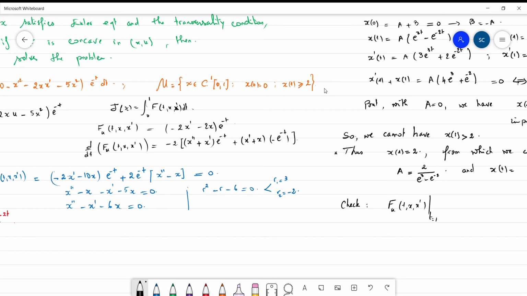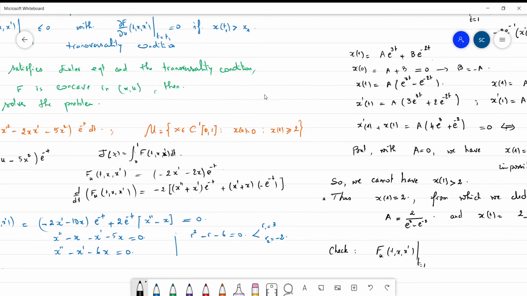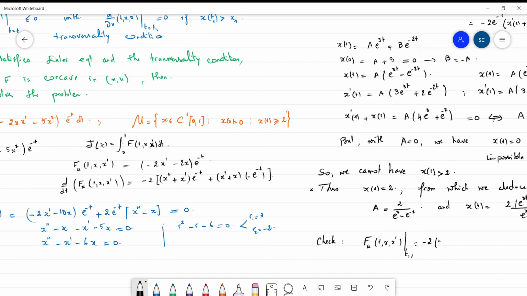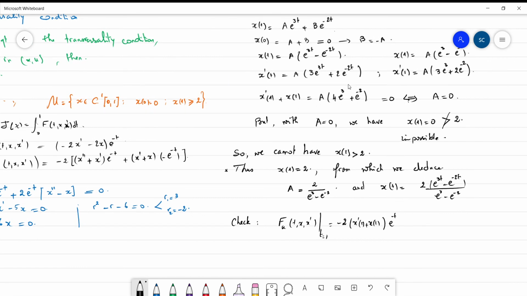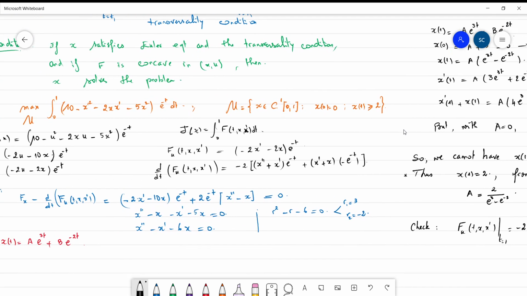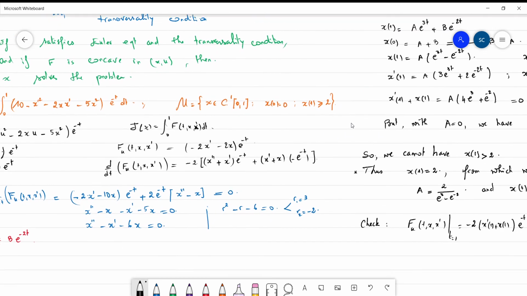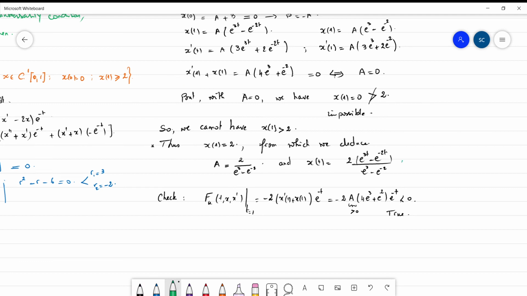It's minus 2 (x prime(1) plus x1) e^(-t), and we know this quantity: minus 2a(4e^3 plus e^(-2))e^(-t), and a is positive, so this is strictly negative, so it is always satisfied. So we identified a candidate point, x(t) is a candidate.